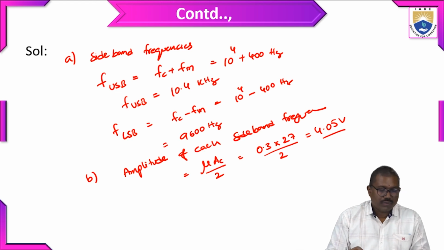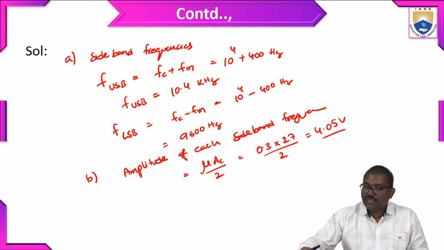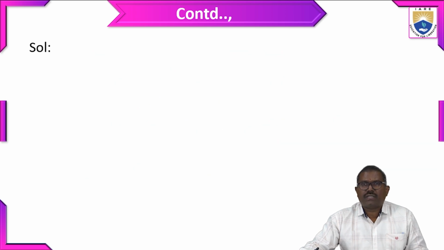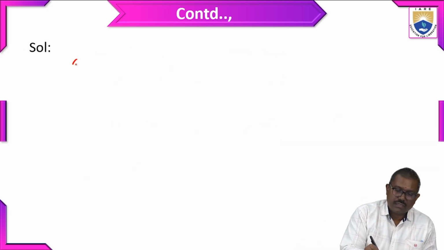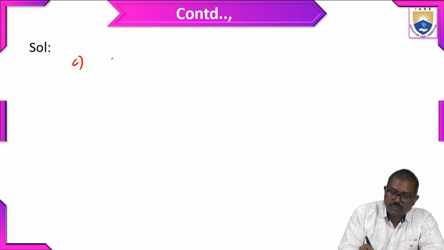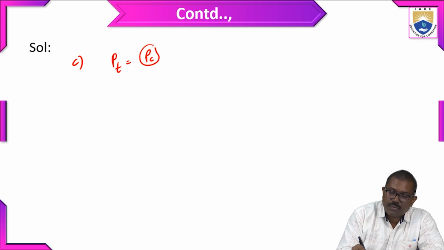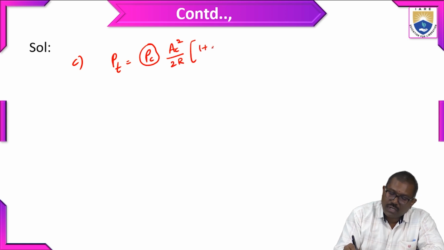And next one is the total power delivered into the load. Okay. So for the C bit, PT is equal to, actually it is PC, but in the place of PC we have taken AC square by 2R into 1 plus mu square by 2.